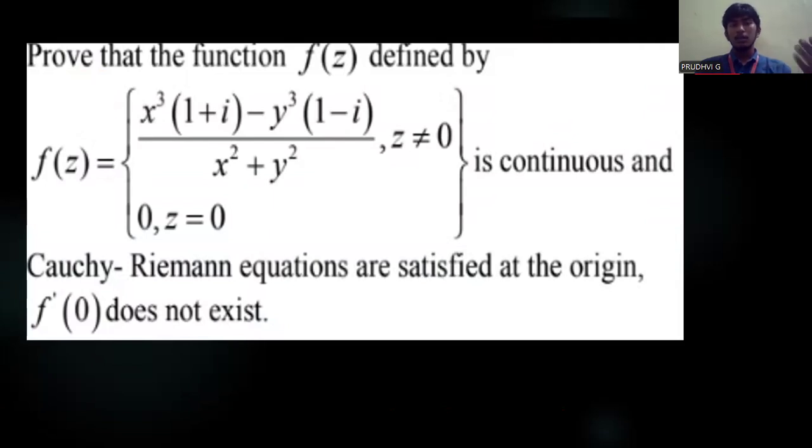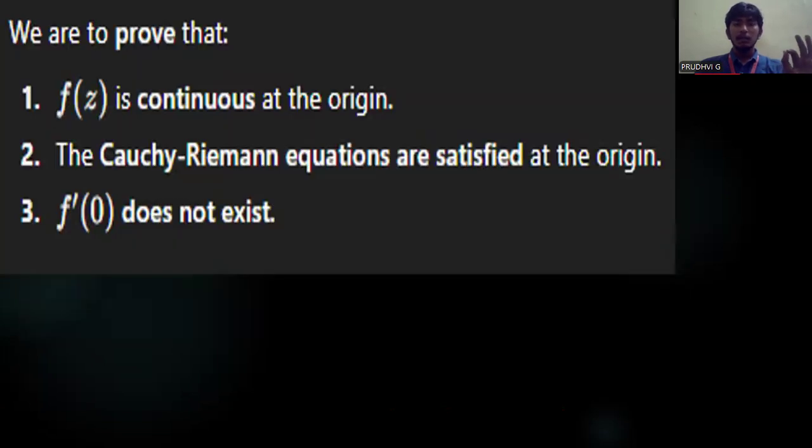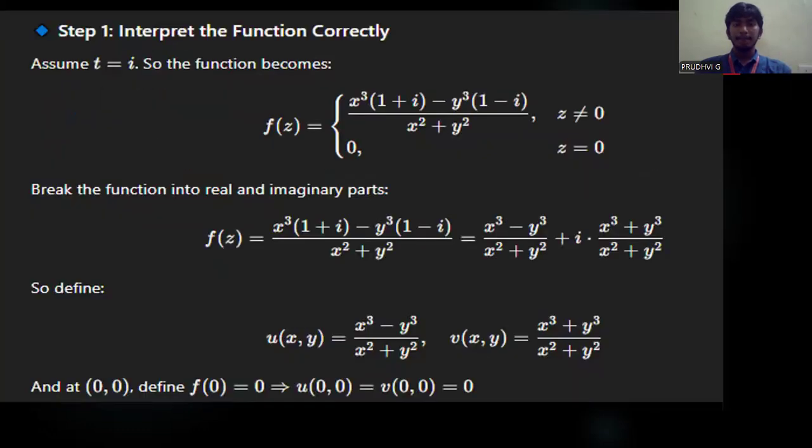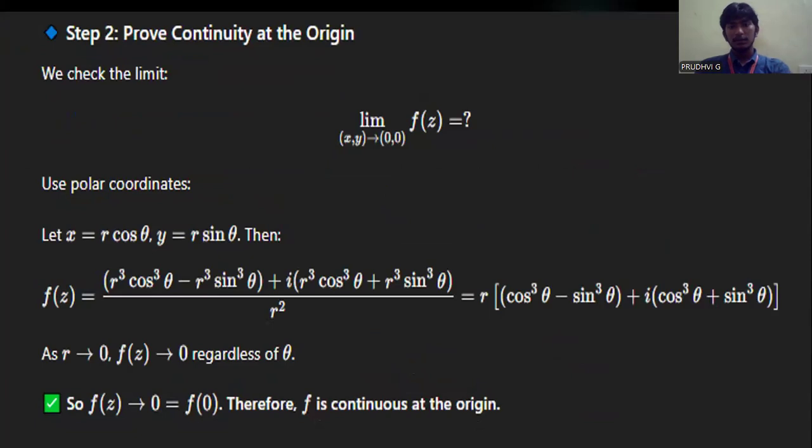We put x equals r cos theta, y equals r sin theta, and we get x square plus y square equals r square. Take r cube out, and the r square gets cancelled.